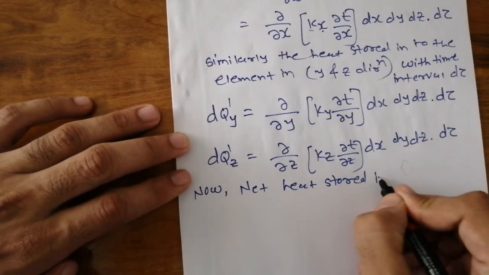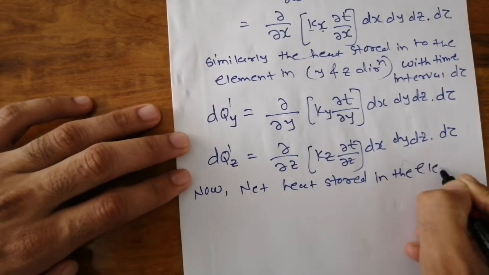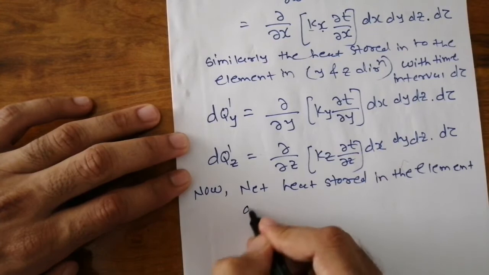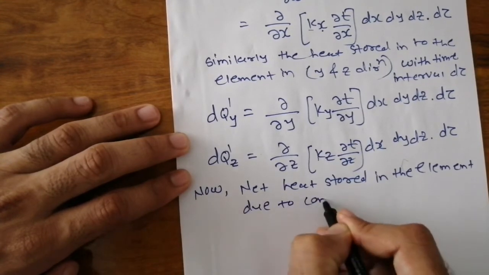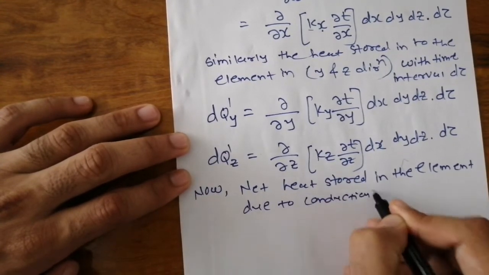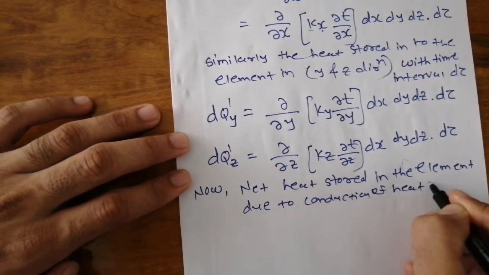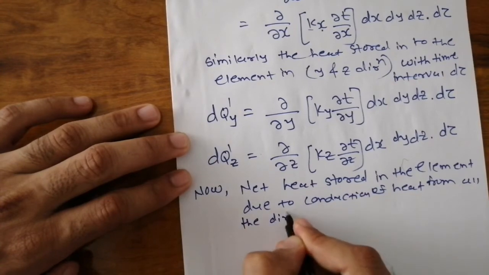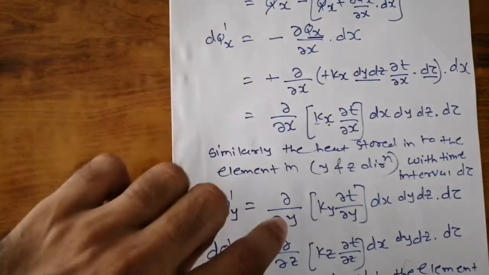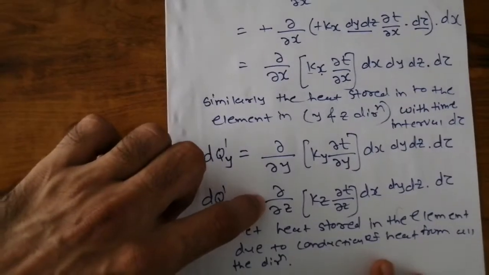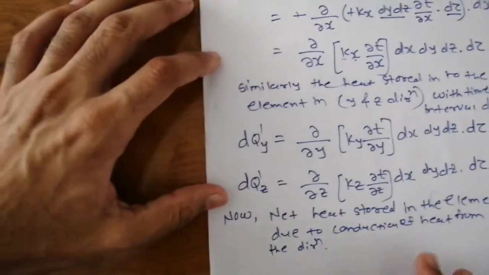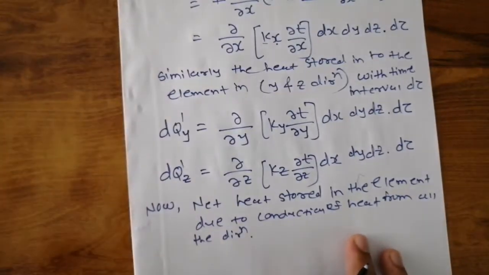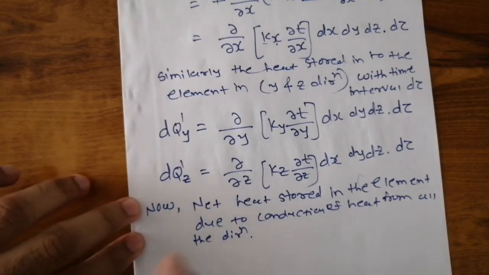The net heat stored in the element due to conduction of heat from all directions will be considered, that is x direction plus y direction plus z direction, the summation of all three.